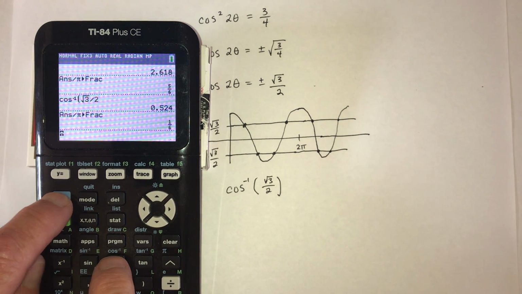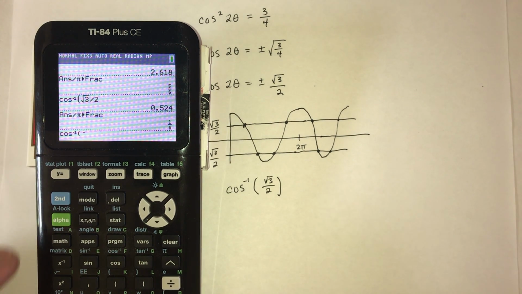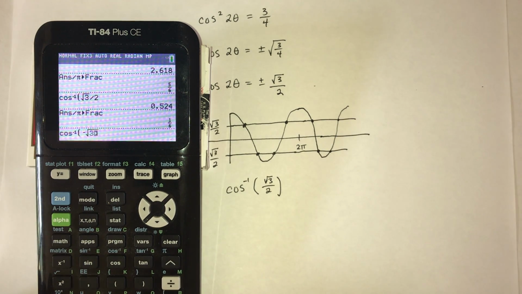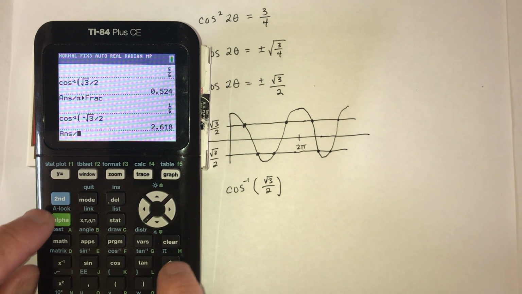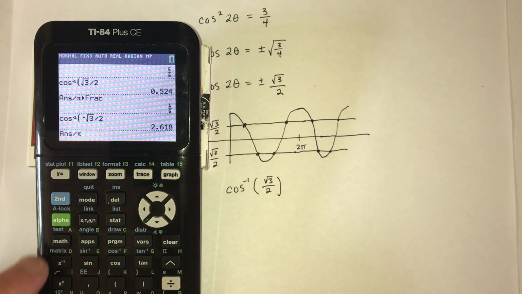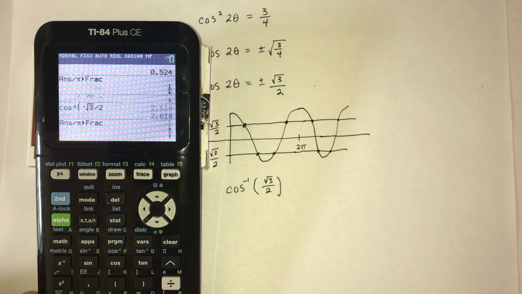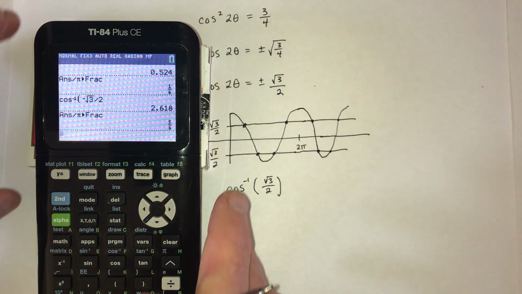Now also, what about cosine inverse of negative the square root of 3 over 2? So that, divided by pi, and change that to a fraction, and that one's 5 pi over 6.